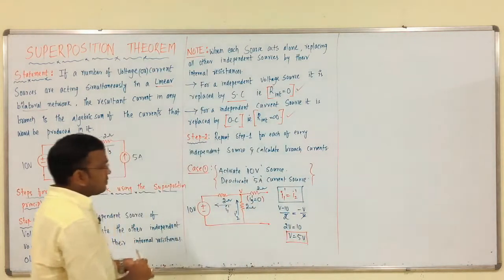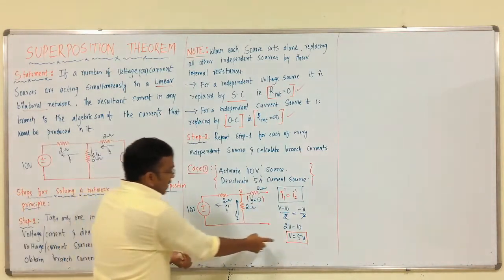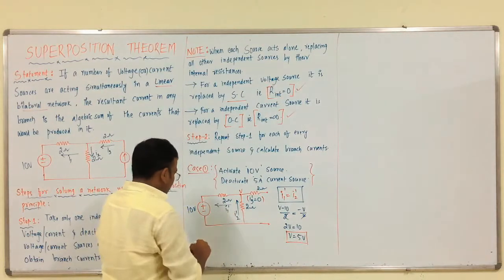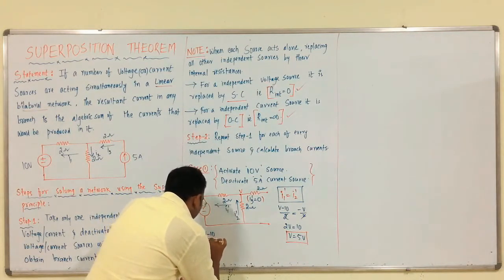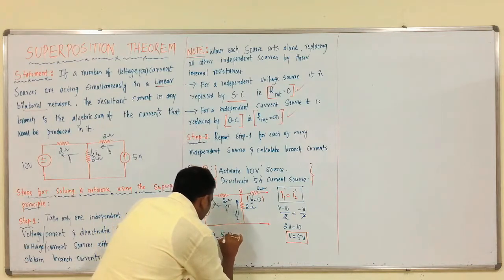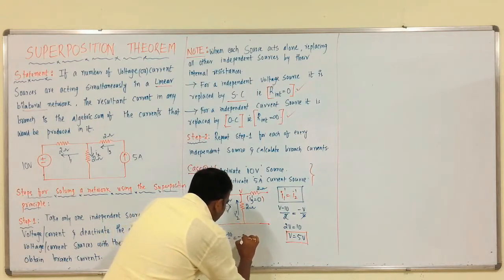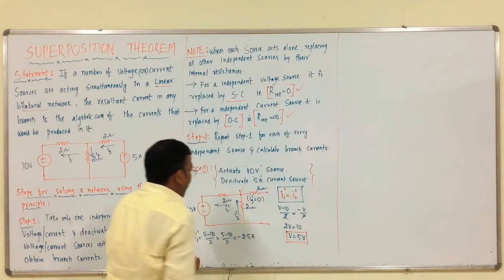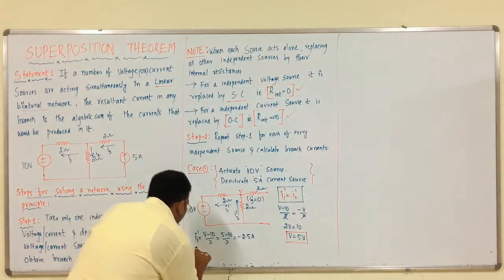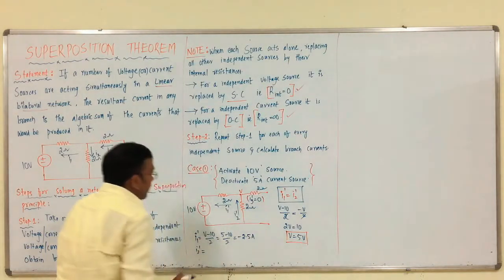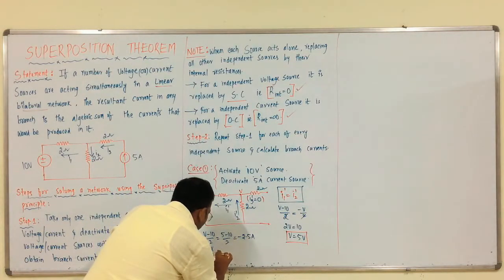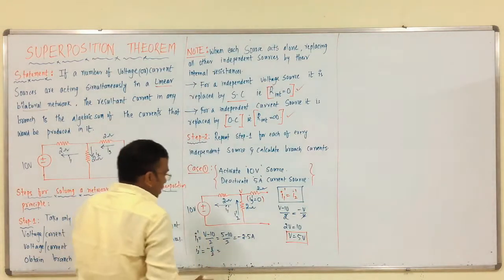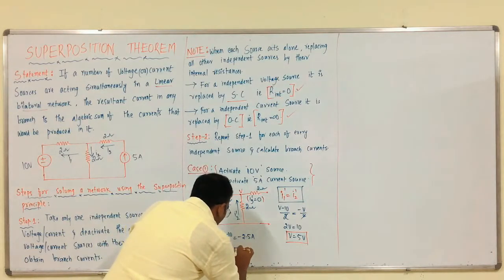Therefore, we have the voltage at this node. Therefore, I1 dash is (V minus 10) by 2, which is (5 minus 10) by 2, which is equal to minus 2.5 amps. Like that, I2 dash is minus V by 2, which is also minus 2.5 amps.